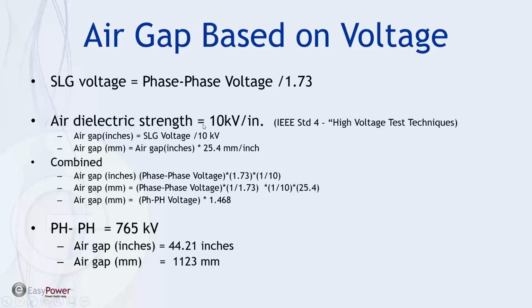I divide the voltage by 10 to get the dielectric strength, or the air gap, and then the phase to phase conversion for the voltage has to be in millimeters. So all this boils down to a relatively minor mathematical equation to give us a specific air gap for each voltage.